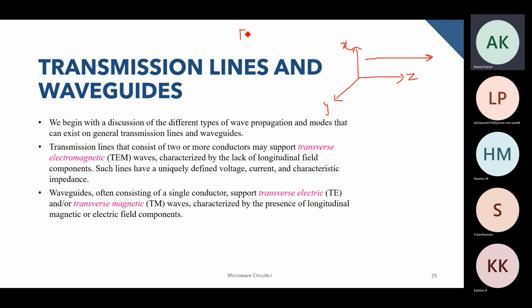The wave has electric fields Ex, Ey, and Ez, and similarly magnetic fields Hx, Hy, and Hz. So we have a total of six field components, three electric field components, Ex, Ey, and Ez, and three magnetic field components, Hx, Hy, and Hz. All these components are required for a wave to propagate in space.